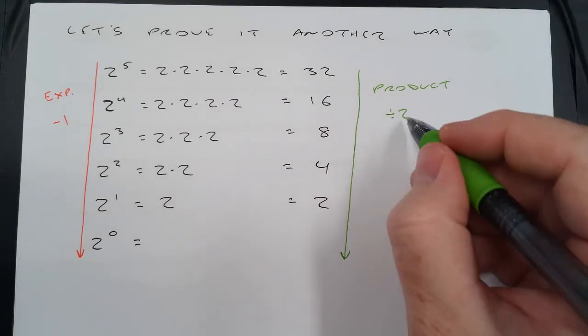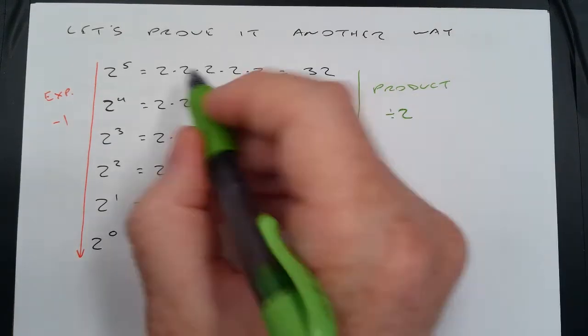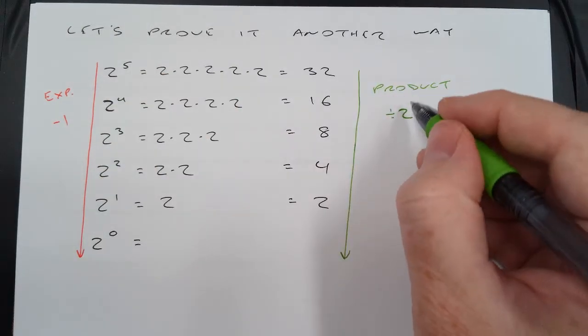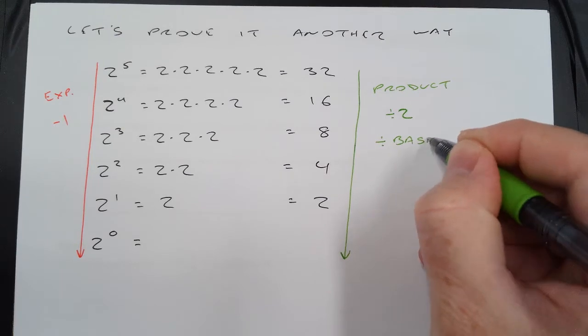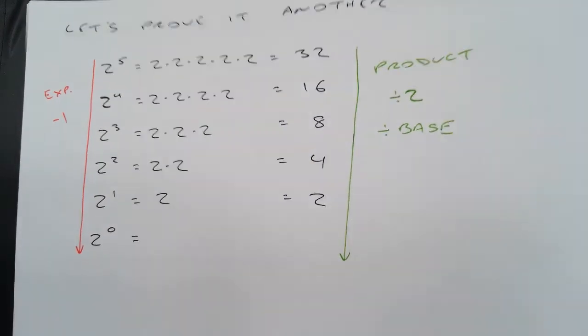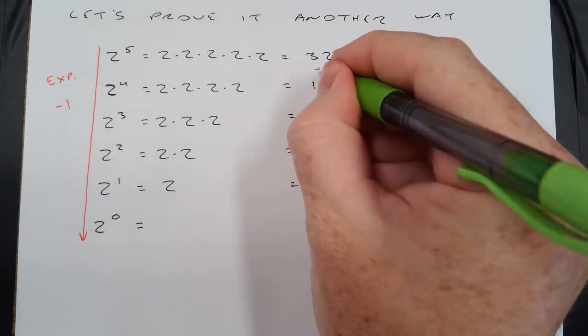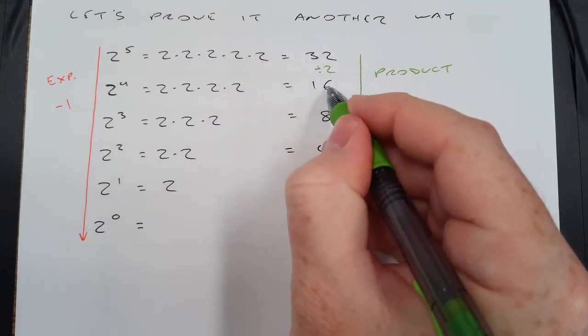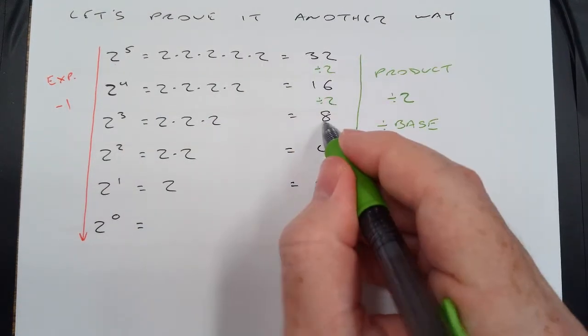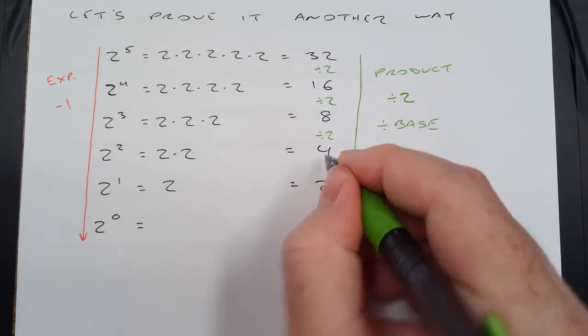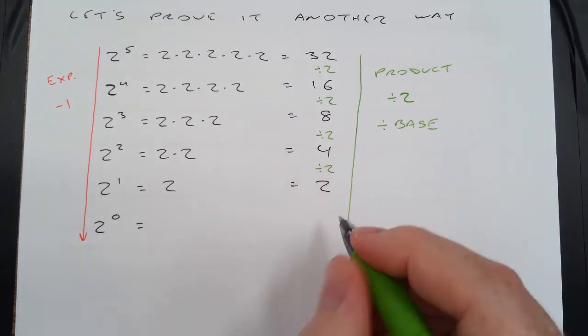The reason it's divided by 2 is because that is the base. So we say the rule is divide by 2, or divide by the base. 32 divided by the base is 16. 16 divided by the base is 8. 8 divided by the base is 4. 4 divided by the base is 2.